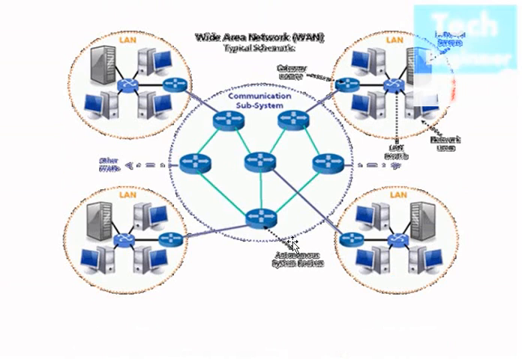When you're talking about a wide area network, this is a very typical network: LAN and LAN connected with each other, and at one centralized location you find many routers connected, passing data to each other and exchanging it. This is the actual concept of an ISP, internet service provider.